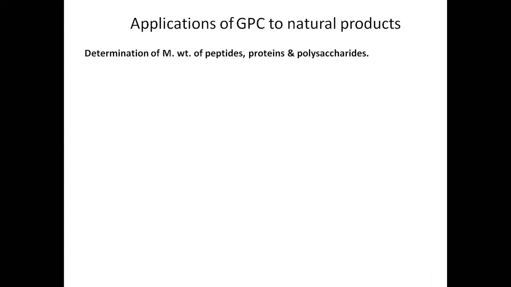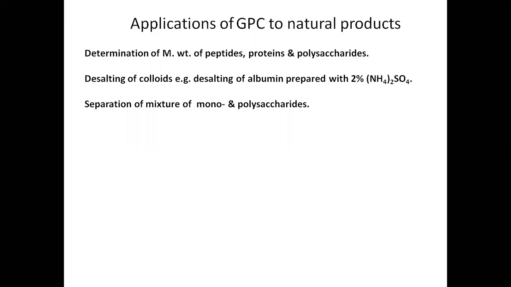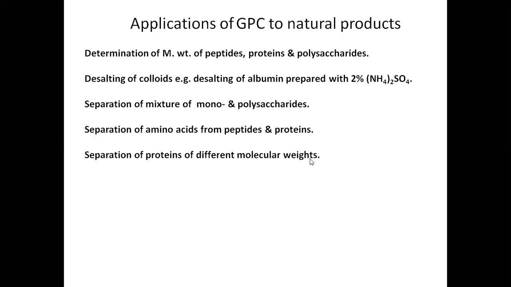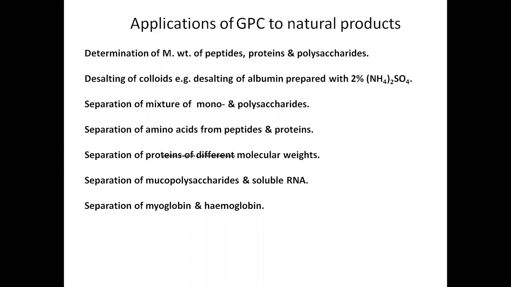Now, applications of gel permeation chromatography to natural products. We can apply GPC to natural products also. It helps us to determine the molecular weight of peptides, proteins and polysaccharides. It helps in desalting of colloids, that is desalting of albumin prepared with 2% (NH4)2SO4, preparation of matrix of mono and polysaccharides, separation of amino acids from peptides and proteins, separation of proteins of different molecular weights, separation of mucopolysaccharides and soluble RNA, separation of myoglobin and hemoglobin, separation of alkaloids and purification of enzymes.